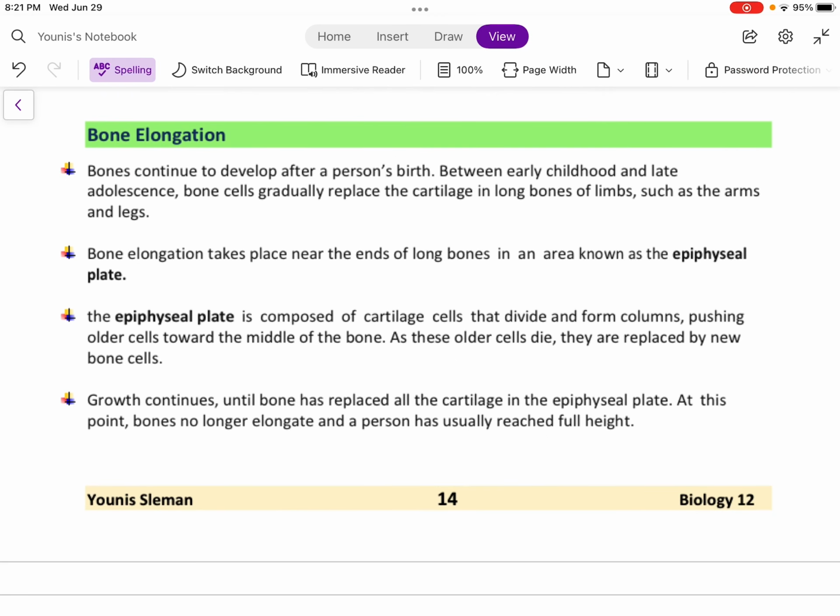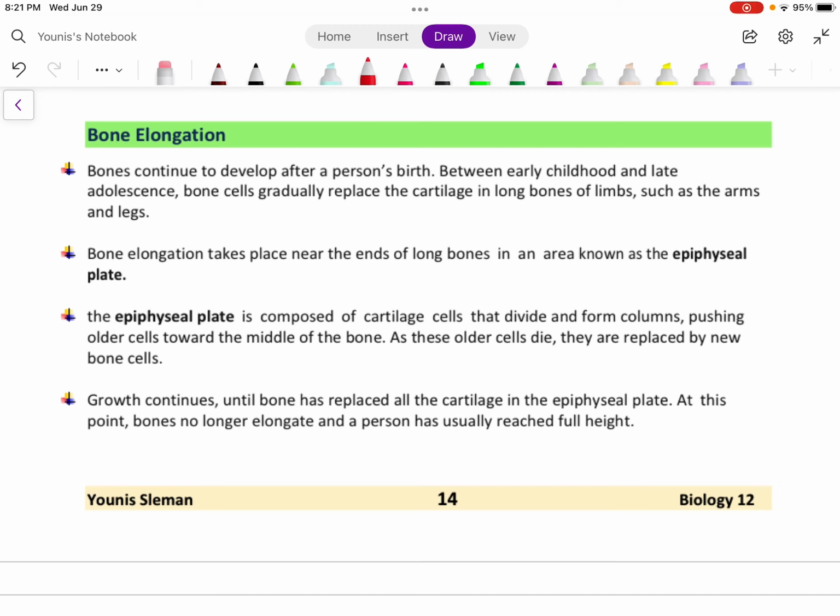Now let's see how bones grow, or how they elongate, how they increase their length and diameter. Two things should always be taken into consideration: the timing, when does it happen? Bones continue to develop after birth, between early childhood and late adolescence.